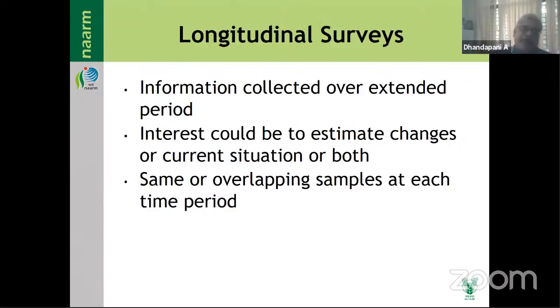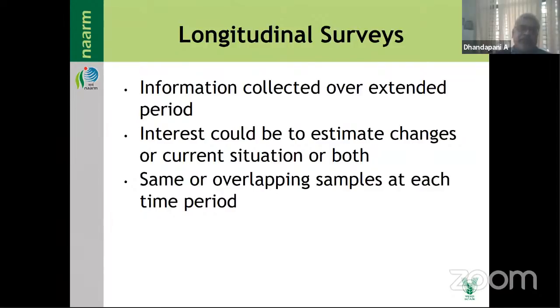How they have grown, how they are going, because the information in a longitudinal survey provides what is happening at present, and also an estimation of the change over time. When you are studying something over time, what we are interested in is estimating the changes.